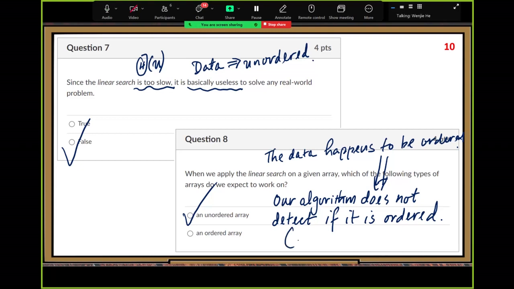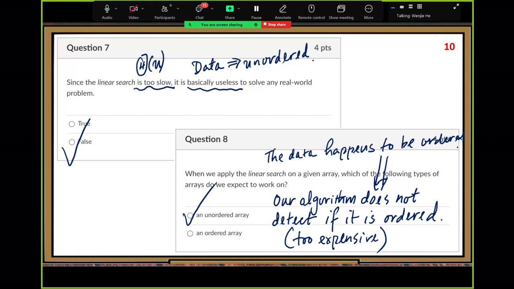The reason is it's too expensive. We don't want to spend many comparisons to detect if it is ordered. So we just assume it's unordered.